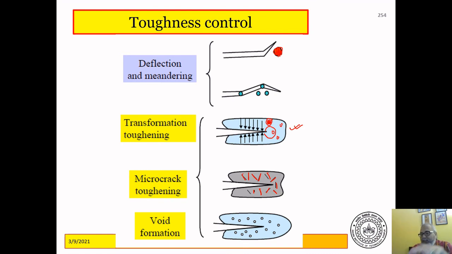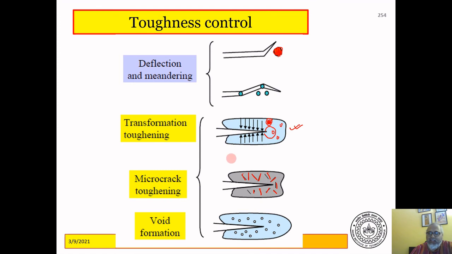In that way, by distributing the crack growth, by causing the growth of micro cracks, I can toughen the system in the sense that I prevent this main crack from growing, because it is dissipating its energy in forming many small cracks rather than concentrating all the energy on growing itself.